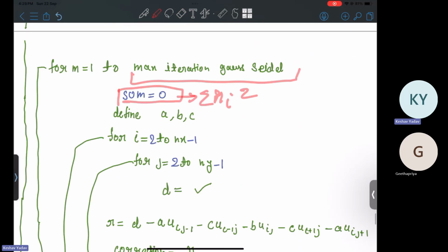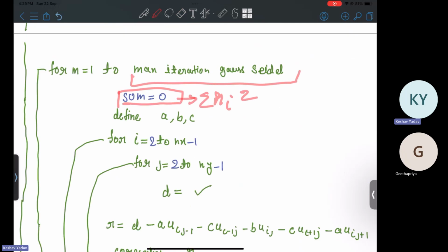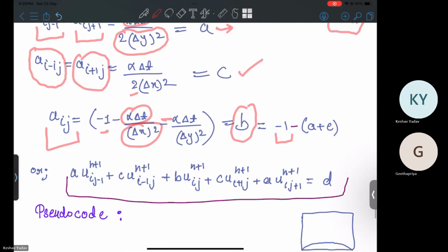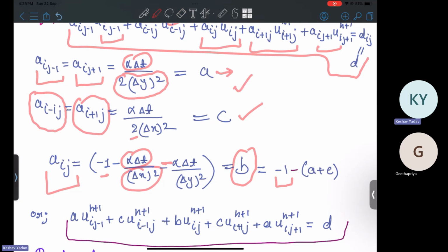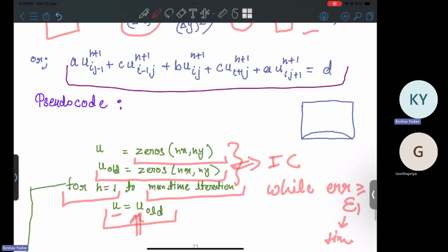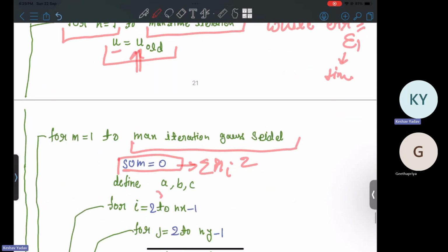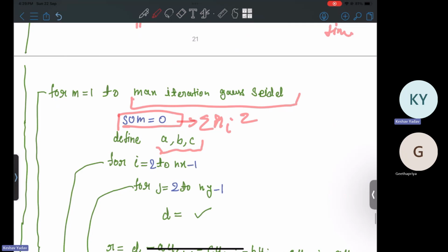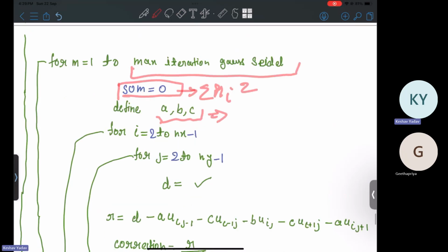So I have defined sum equal to 0. This a, b, c are not changing with the grid points. So that's why I have defined this a, b, and c before the for loops for the grids. Okay, a, b, c I have defined here.